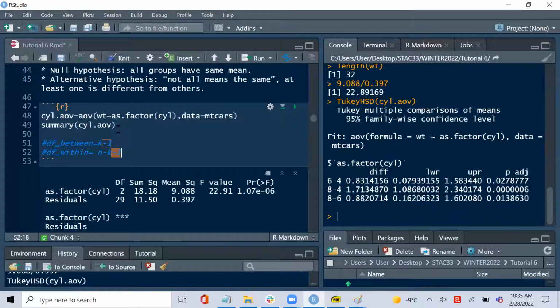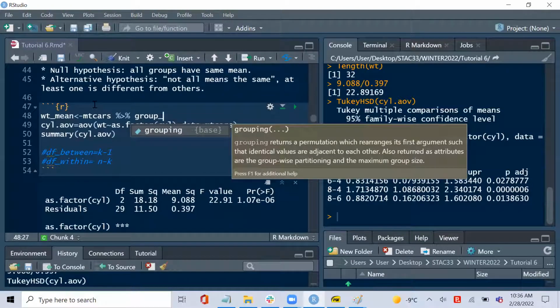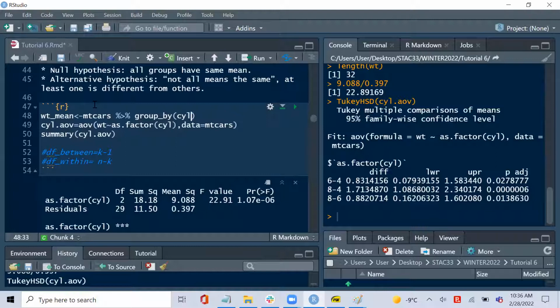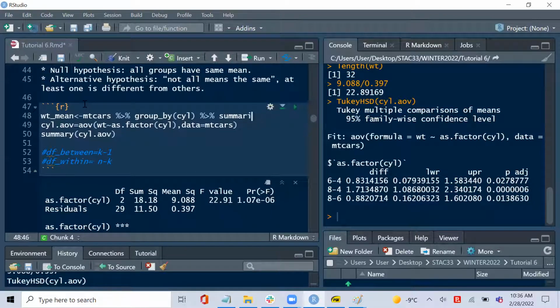If I want to find, for instance, the weight mean of mtcars, grouped by, let's say, cyl, and then summarize. I spelled that totally wrong.